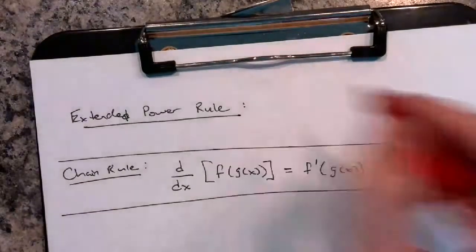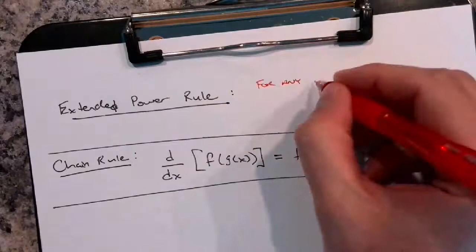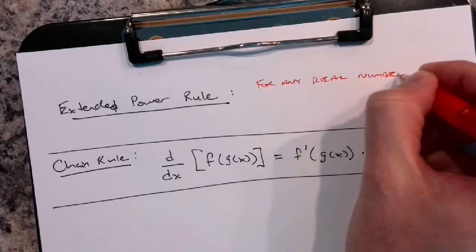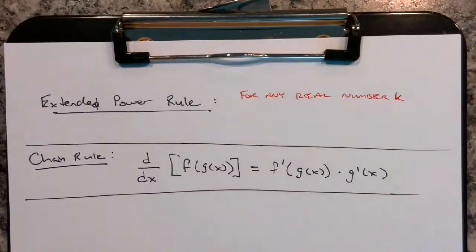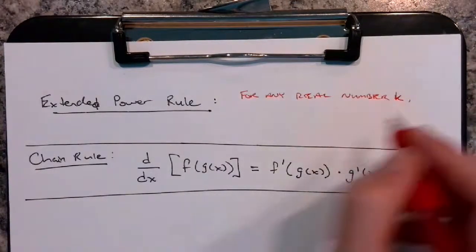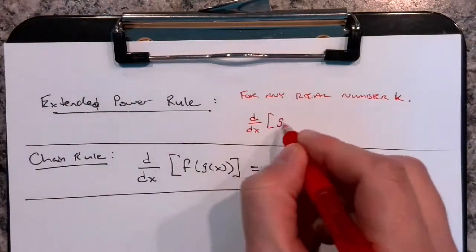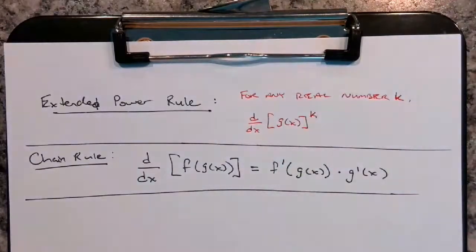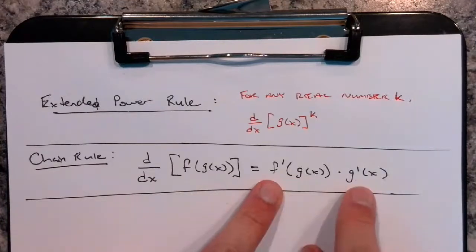It says that for any real number k, if I take the derivative of some function raised to a power, so let's say the function is called g of x, and I'm raising it to the k power, we're going to treat this like we just talked about the chain rule. The derivative of the outside, keep the inside the same, times the derivative of the inside.